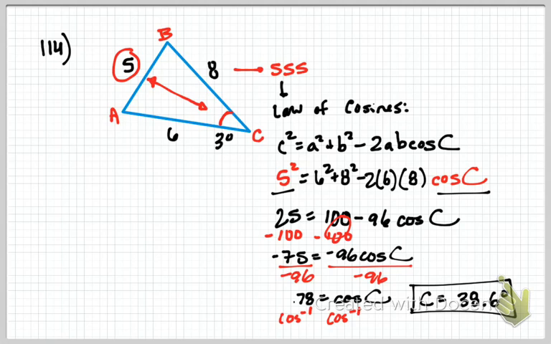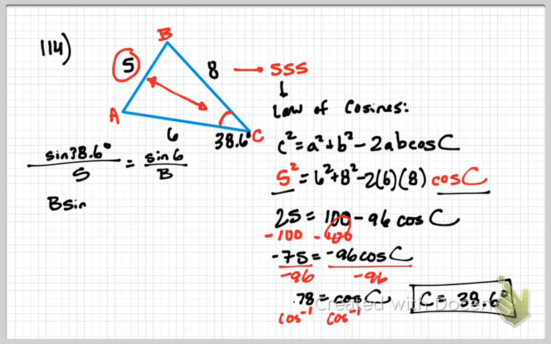So that gives me this angle. Now that we have angle C, we have one angle and the opposite side, we can go ahead and use law of sines. So sine of 38.6 over 5 is equal to sine of 6, and we'll do it over B. Cross multiply, B sine 38.6 is equal to, oops, set this up wrong.